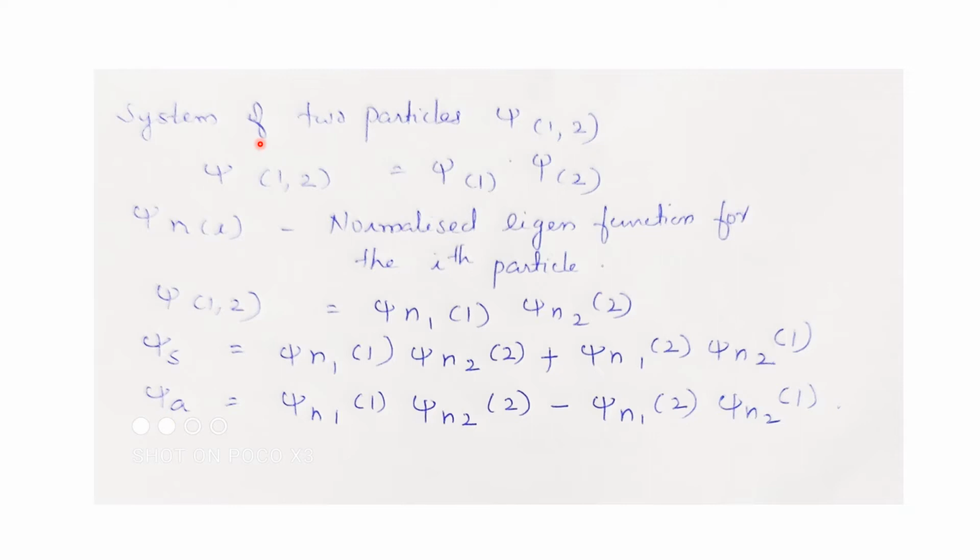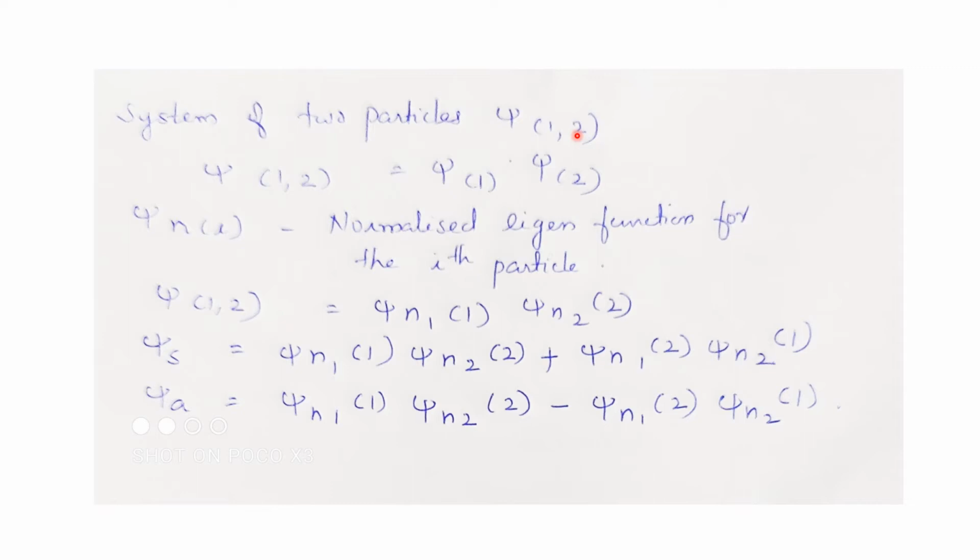We can prove this. Consider a system of 2 particles described by the wave function psi 1 2, where 1 stands for all the coordinates of particle 1 and 2 for all coordinates of particle 2.